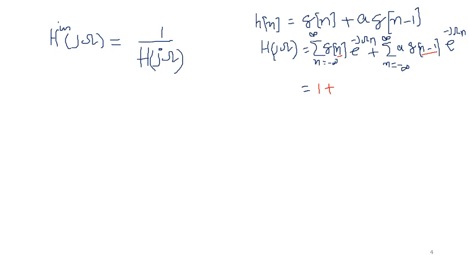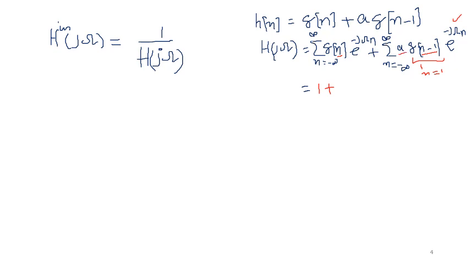Now its argument will be 0 where? When n equals to 1, right? So when n equals to 1, at that point this will be 1. And what will be this one? If I replace n with 1 here, it will be e power minus j omega.